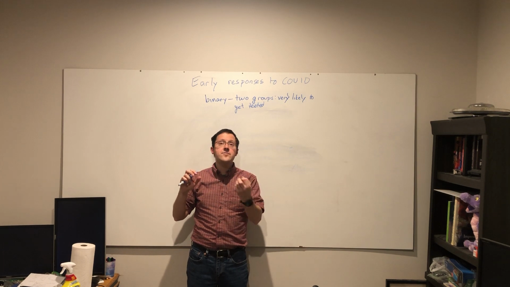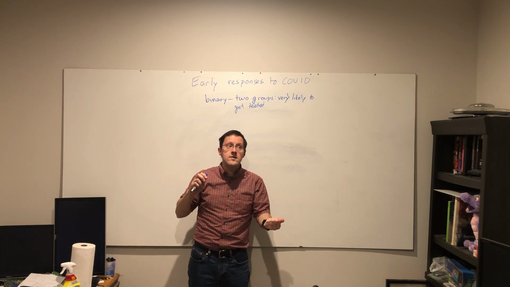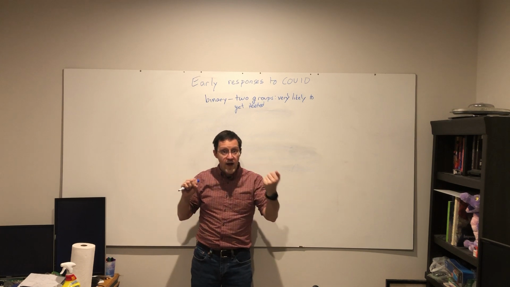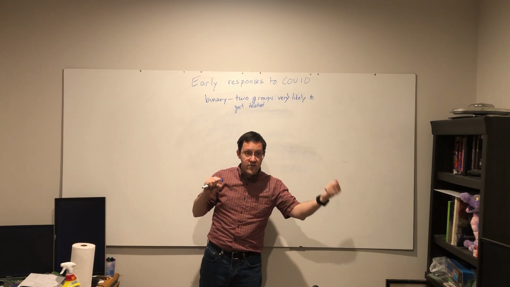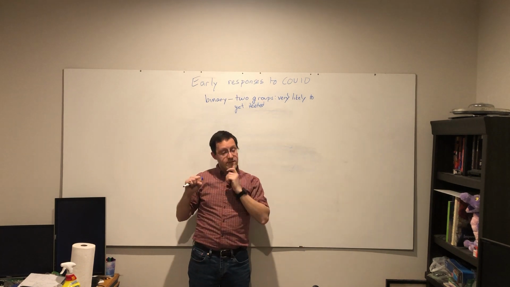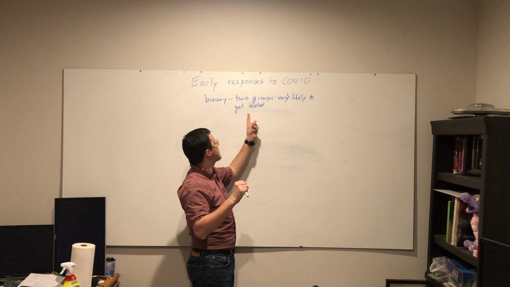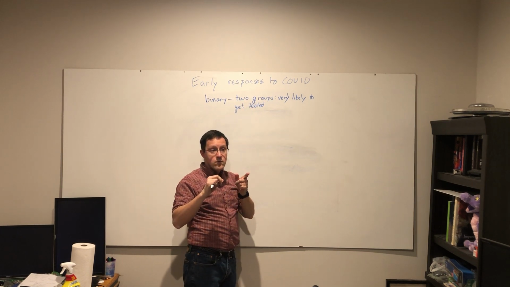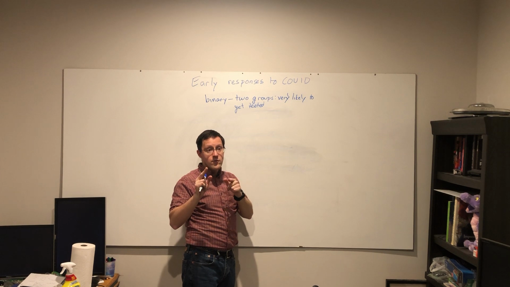I have seen something similar to this. I recognize that situation, and what I did before in that similar situation can translate to here. So you might see, very likely to get tested, two groups.